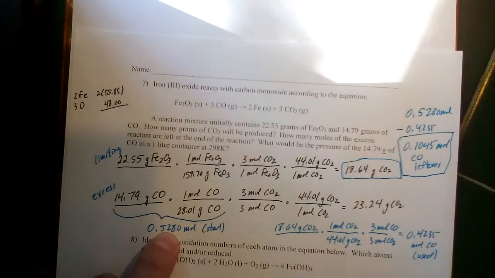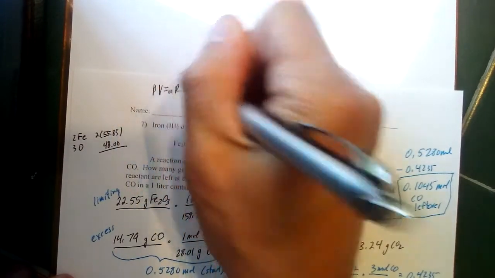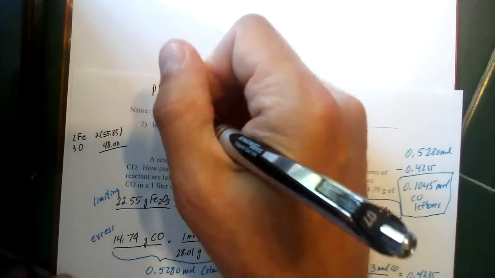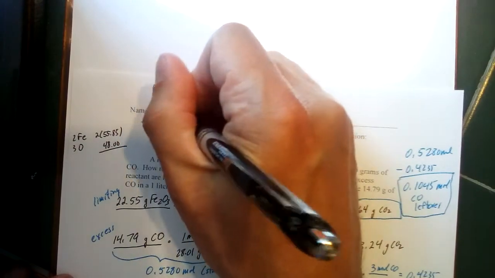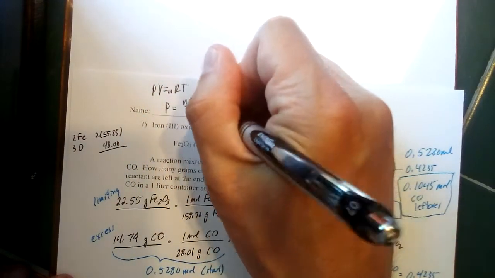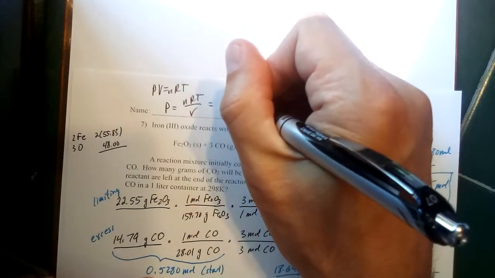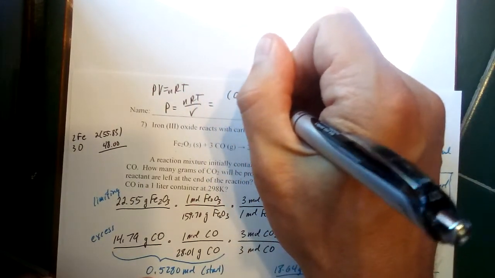So up here at the top, if PV equals nRT, and we want to solve for P, we can just rearrange there by dividing through by V. P is nRT over V. And because of the way the first couple pieces are set up, we have that information. So n here is 0.5280 moles.